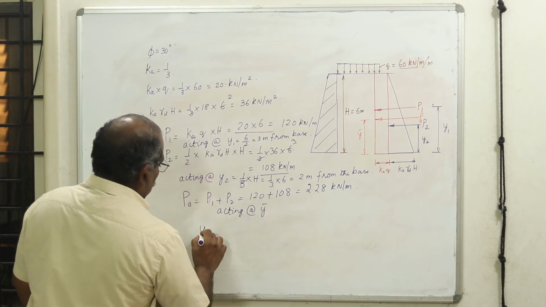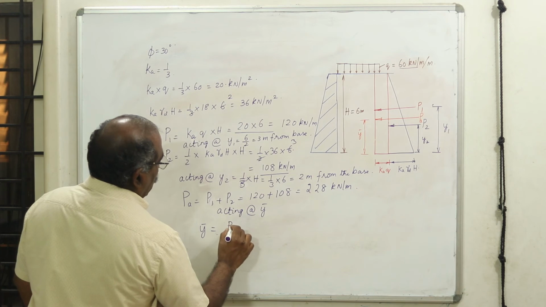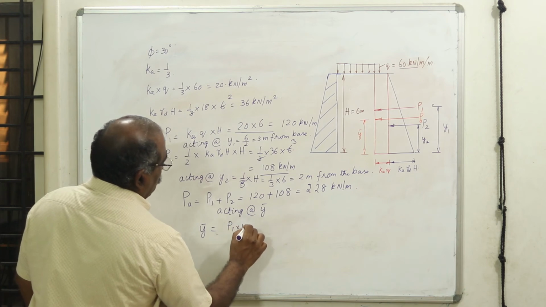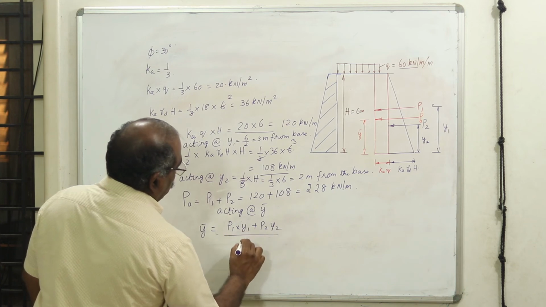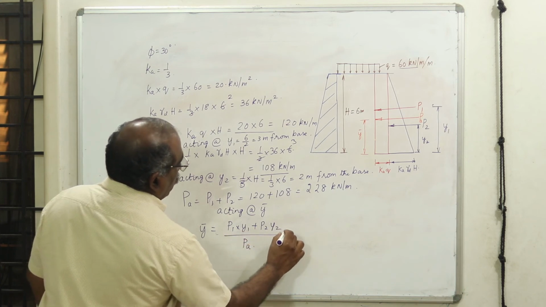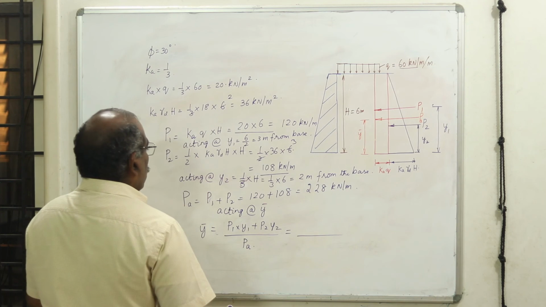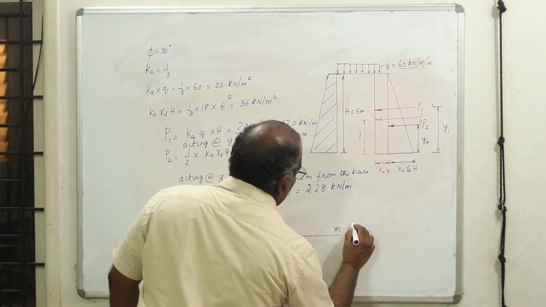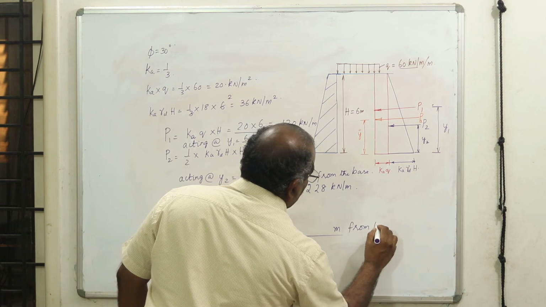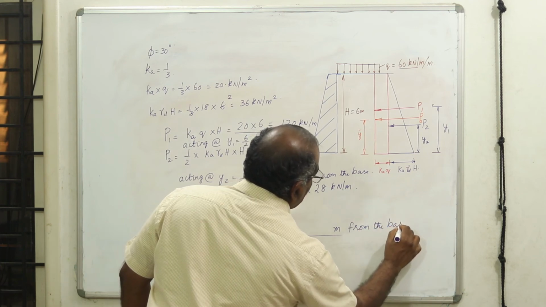Now what is Y bar? Y bar is equal to P1 into Y1 plus P2 into Y2 by PA. One can substitute and find out how many meters it is from the base. This is a simple calculation.